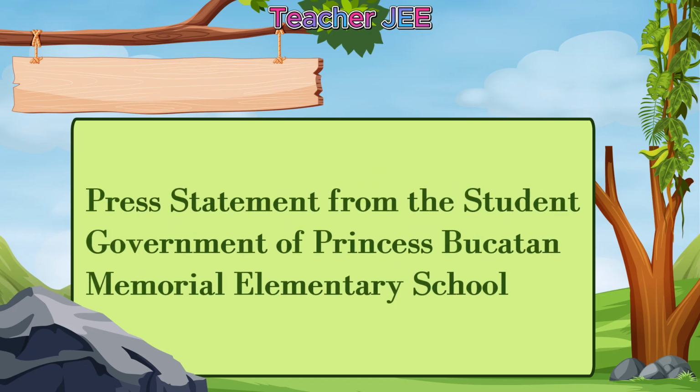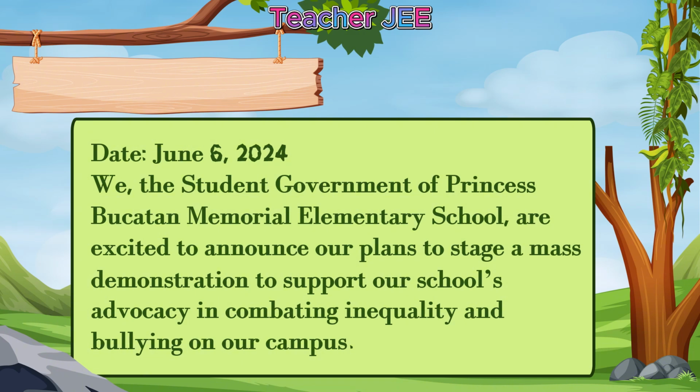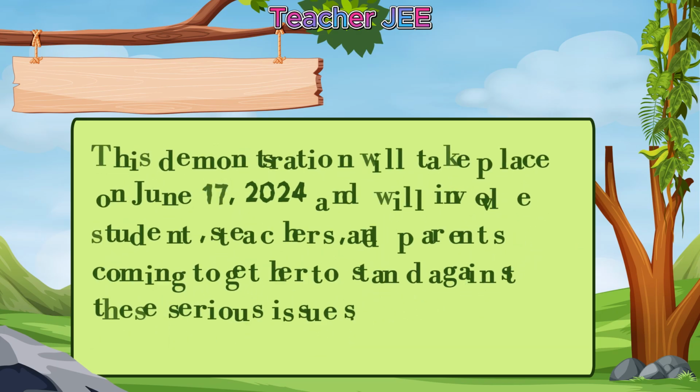Press statement from the student government of Princess Bukatan Memorial Elementary School. Date: June 6, 2024. We, the student government of Princess Bukatan Memorial Elementary School, are excited to announce our plans to stage a mass demonstration to support our school's advocacy in combating inequality and bullying in our campus.